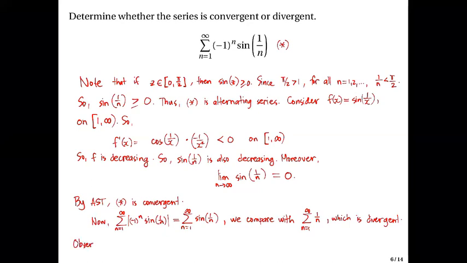Observe that the limit of sine 1 over n divided by 1 over n as n approaches plus infinity, you can rewrite this as the limit of sine u over u, as u goes to 0 from the right.